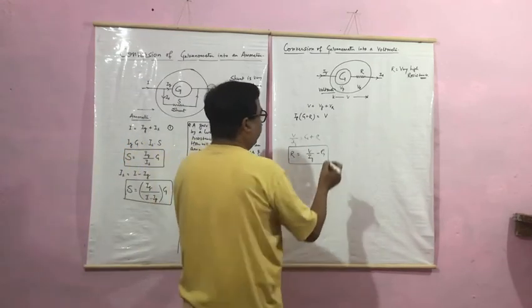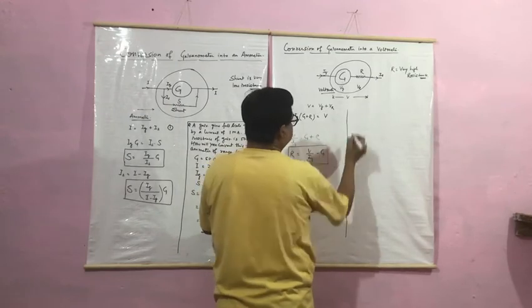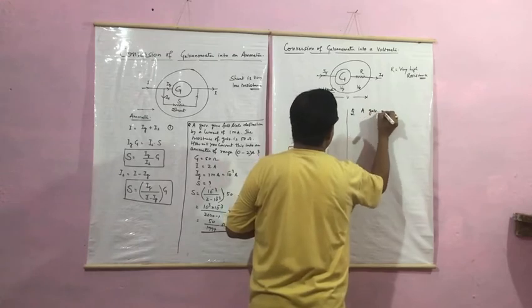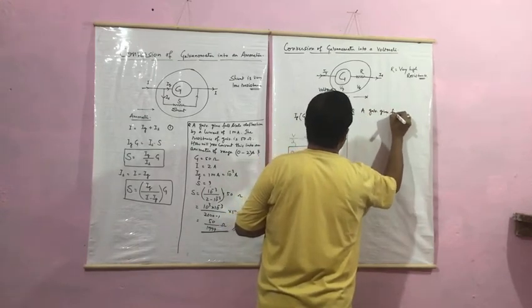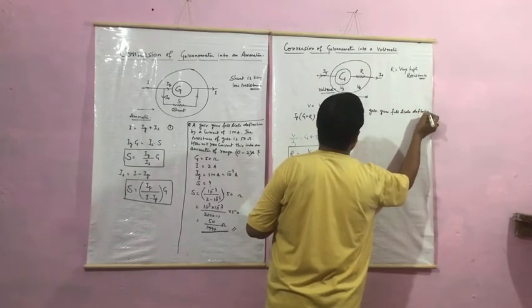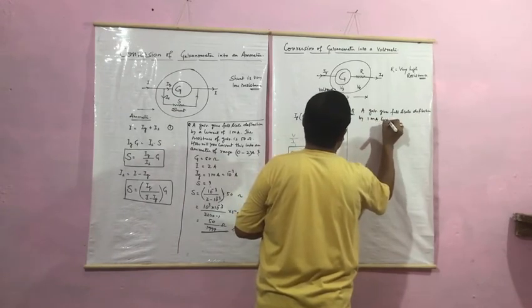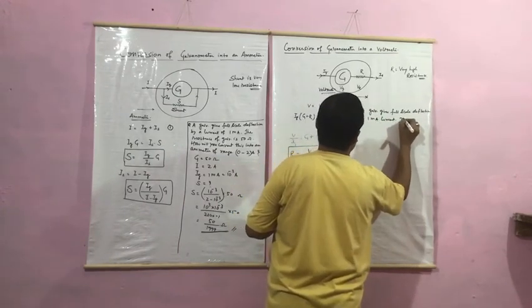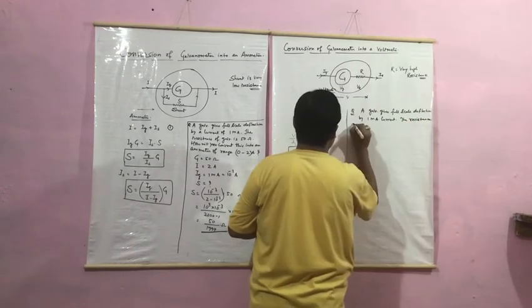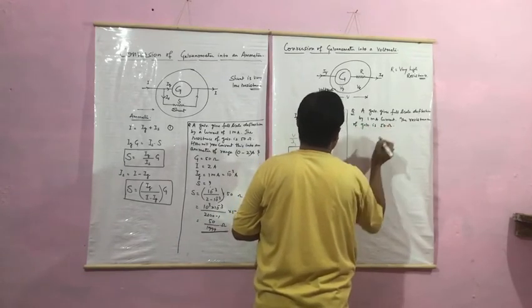Now again we'll take a question. A galvanometer gives full scale deflection by 1 milliampere current. The resistance of galvanometer is 50 ohm.